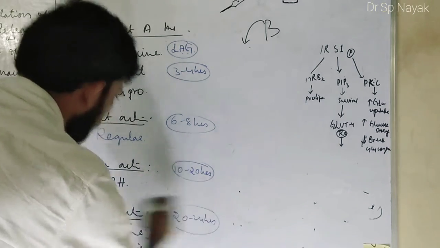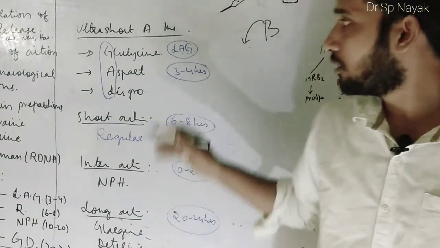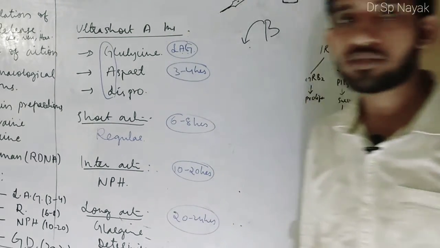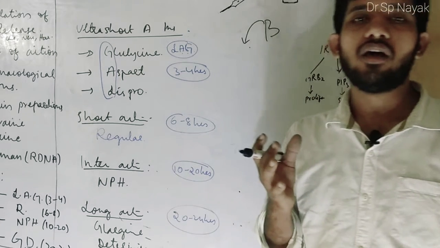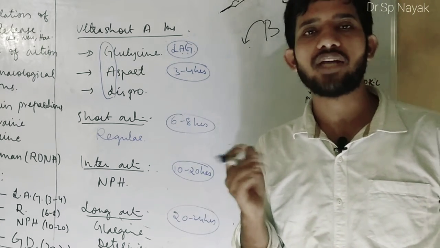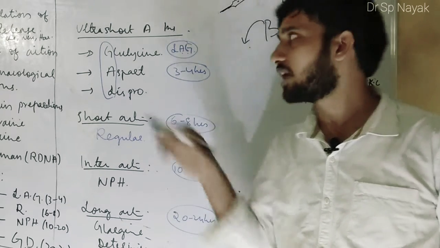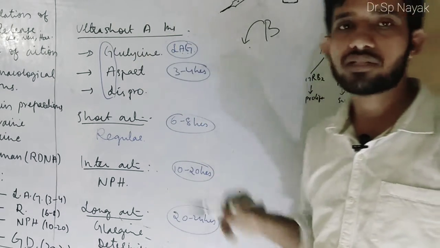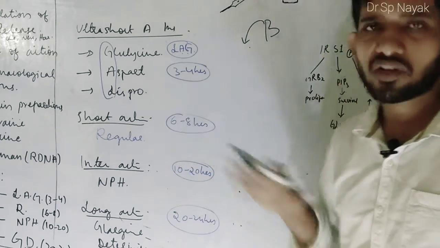This is very important. In ultra short acting insulins, the chemical structure and the placement of amino acids are different, and by that change we have these insulins as rapid acting insulins.